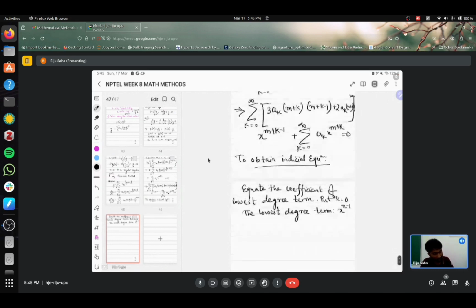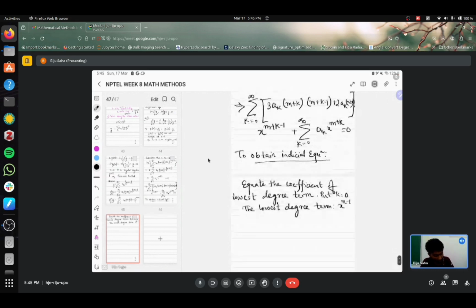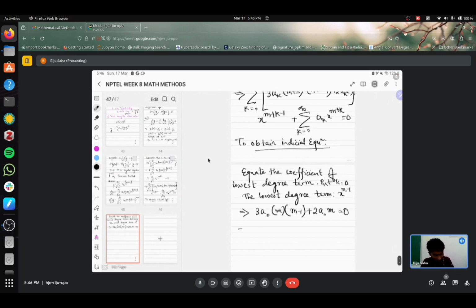So basically the coefficient of the lowest degree term is 3a0 m minus 1 plus 2a0 m. Equating it to 0, because the right hand side there is 0, you come to this particular equation involving m.